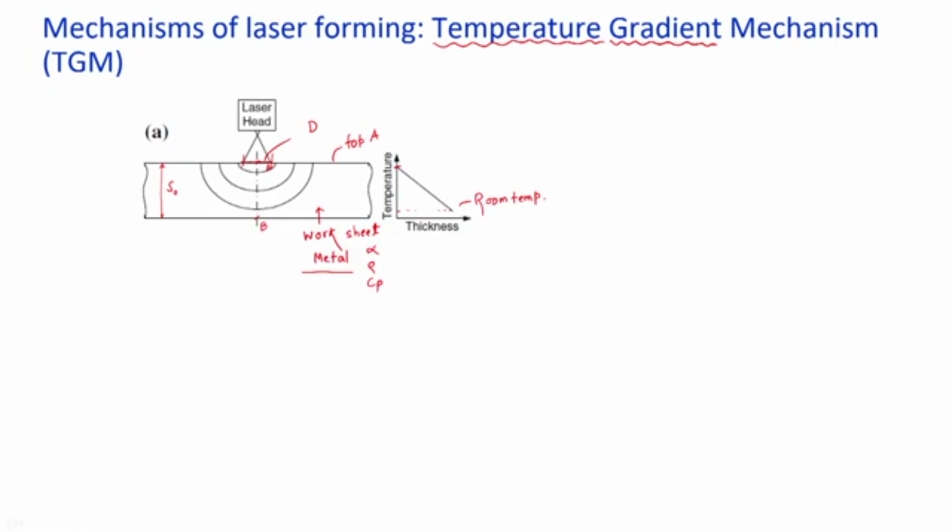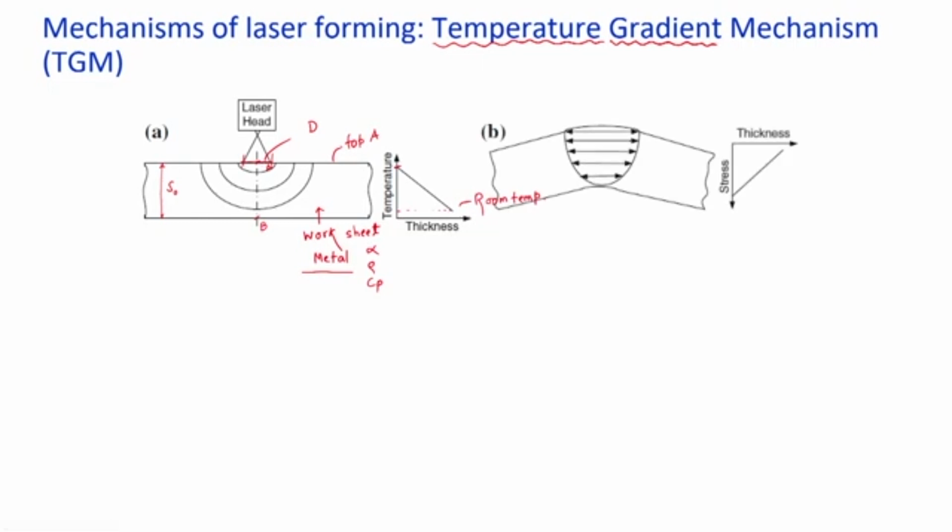So, when the laser beam is applied, the top surface is having maximum temperature and the bottom is having low temperature, and there is an expansion of fibers. So, the fibers are getting expanded, but the surrounding fibers are at room temperature, or they may be having a temperature a little more than the room temperature.